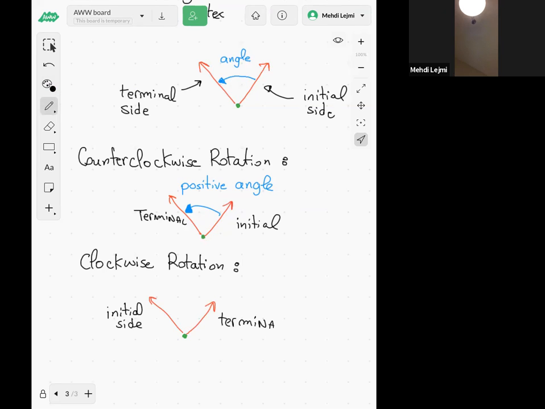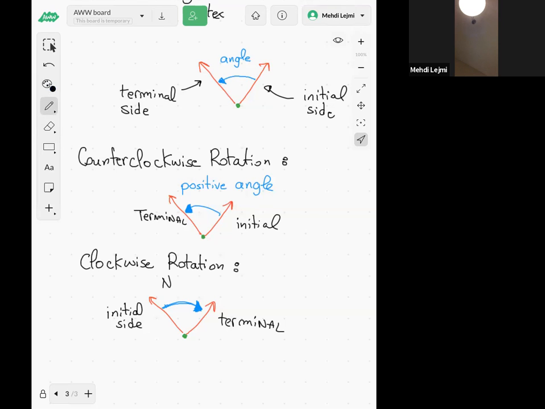Now we go from initial to terminal side, so you get a clockwise rotation in this case. And so this angle would be a negative angle.